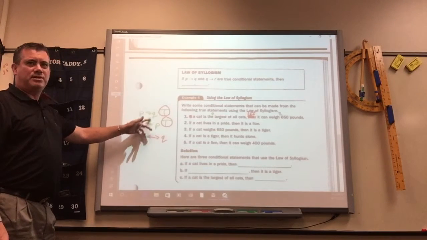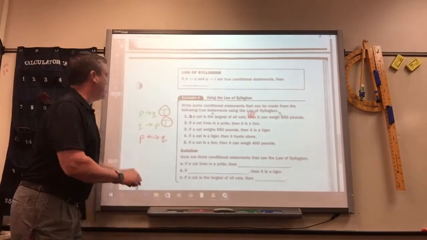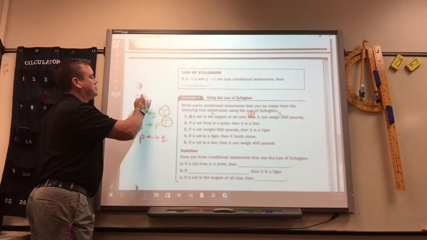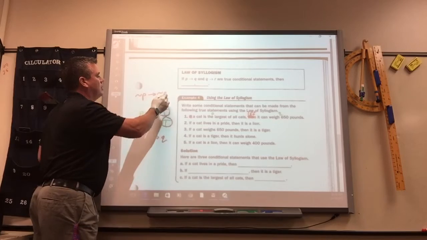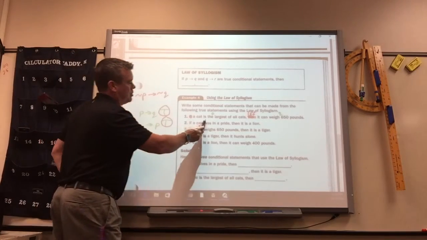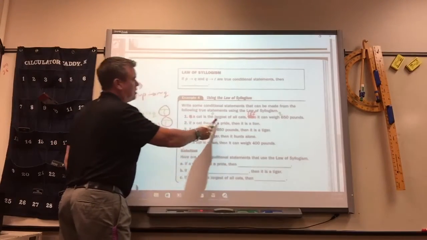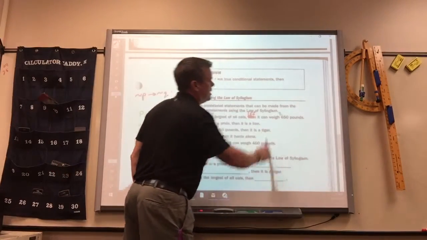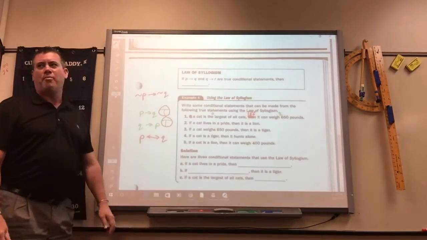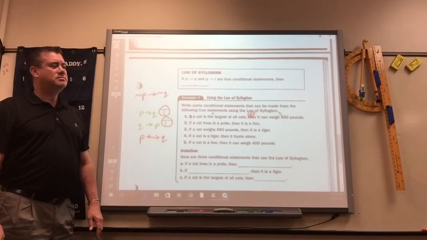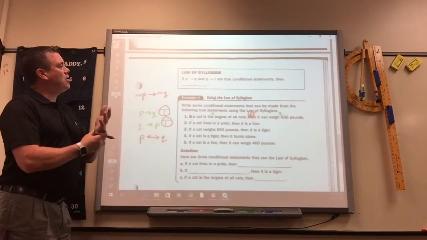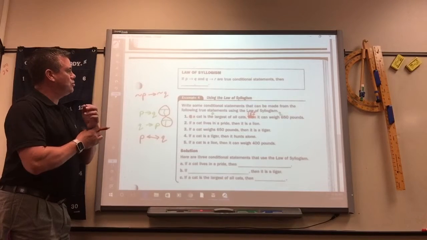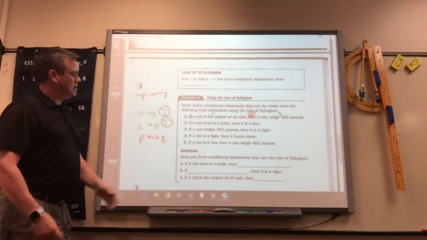If and only if, and these are if then. The other one is the negation. This means if we do this one, a cat isn't the largest of all cats, then the negation means it can't weigh 650 pounds. All right? So that's all we need out of section 2.3 is those symbols.